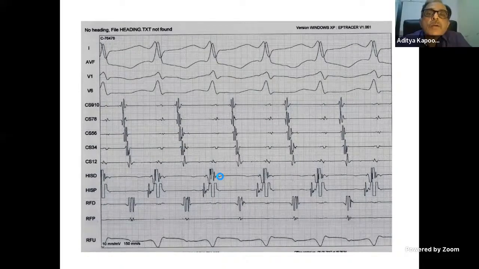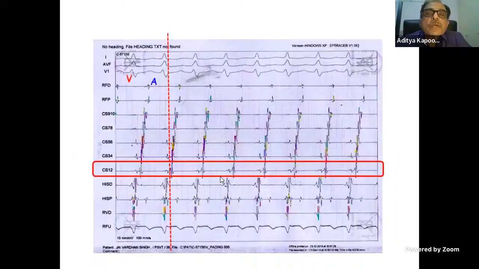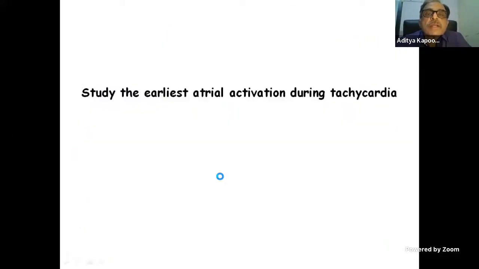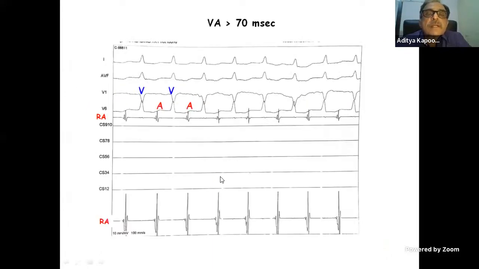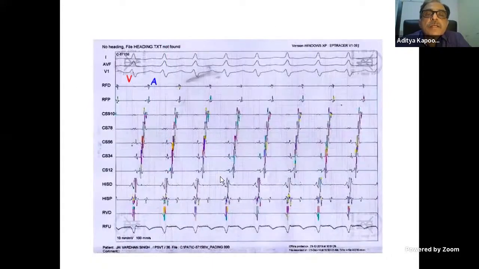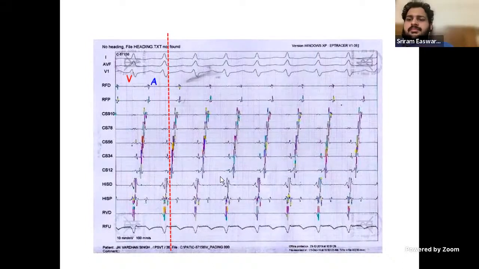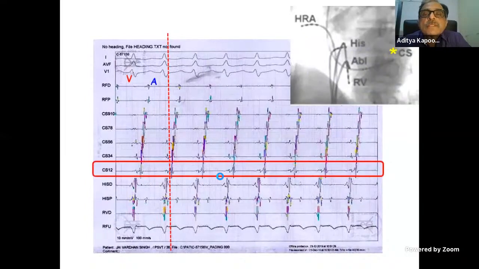So again, great point. The point to carry home is, if you are having an activation like this, it cannot be typical AVNRT. When you put in multiple catheters, you will be able to find out whether CS12 is the earliest. It could still very well be a left atrial tachycardia. We can do maneuvers.